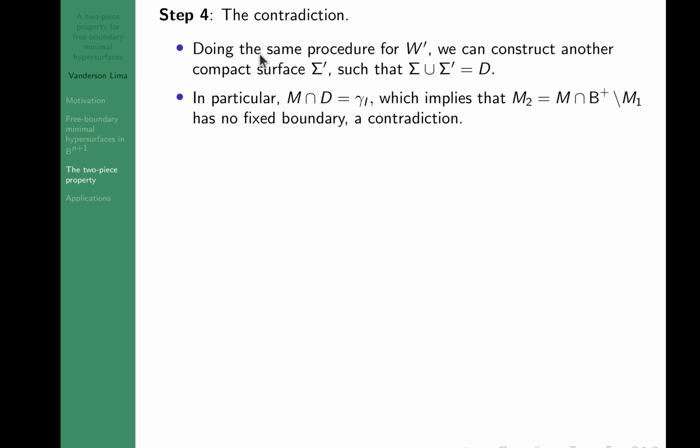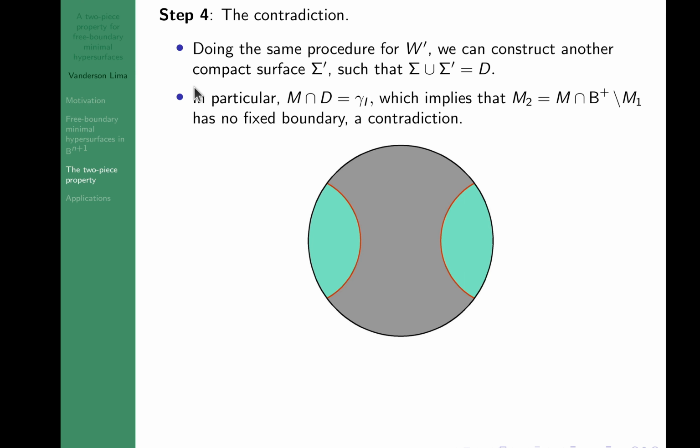I can obtain a contradiction using the maximum principle. So here's the picture: when I do the minimization problem on the gray domain, I obtain this gray part of the disk, and when I do it on the other domain, I obtain the green part. So this finishes the proof by contradiction.